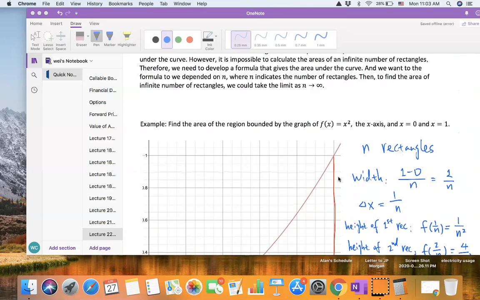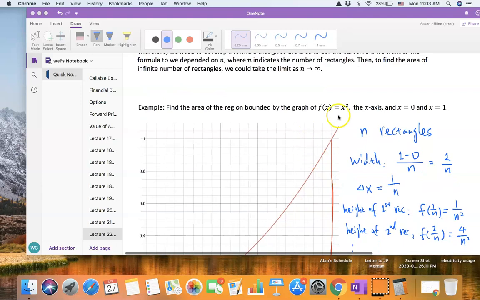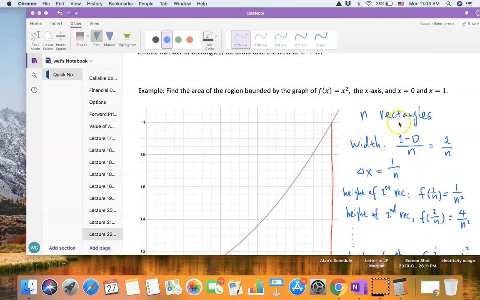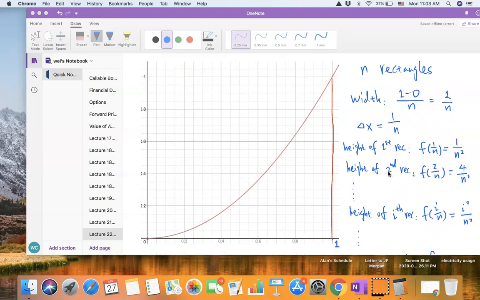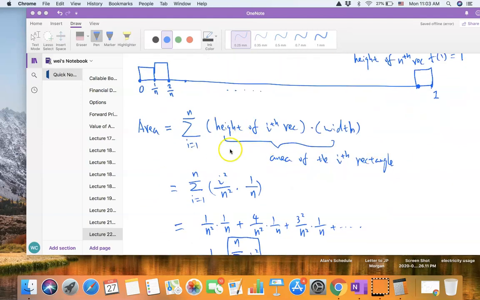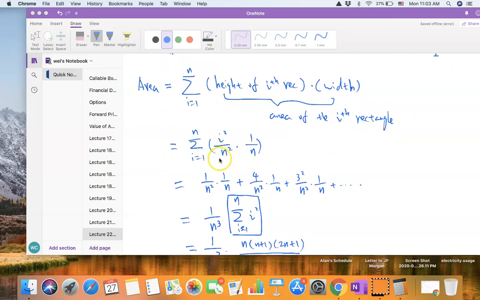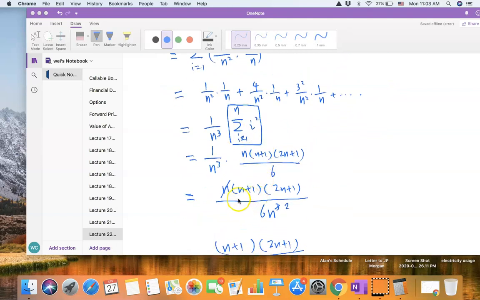Okay, let's review this process. To find the exact area, we first decide to use n rectangles, and after we figure out how to write the width and the height of each rectangle, we construct this summation. Then using the summation formula we learned earlier, we write this summation in terms of n.